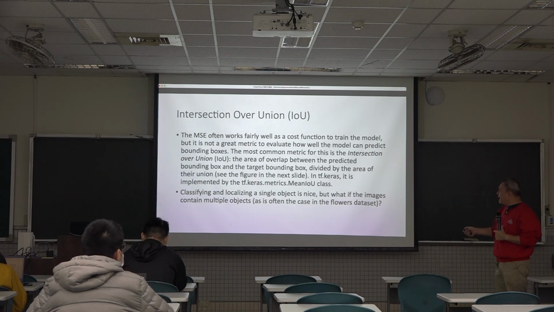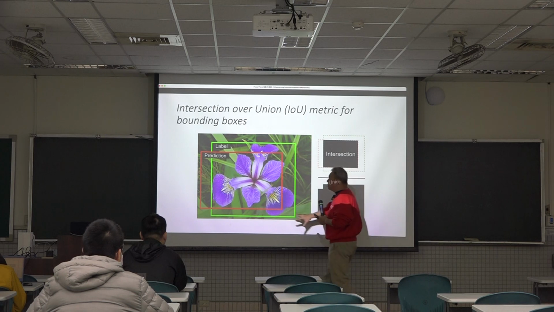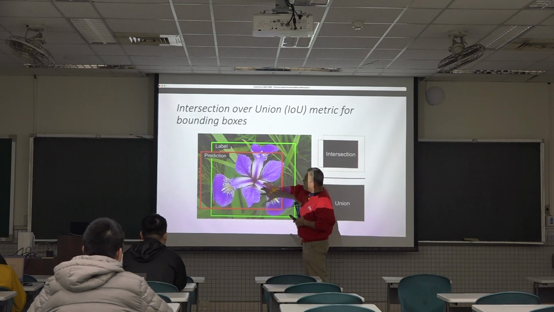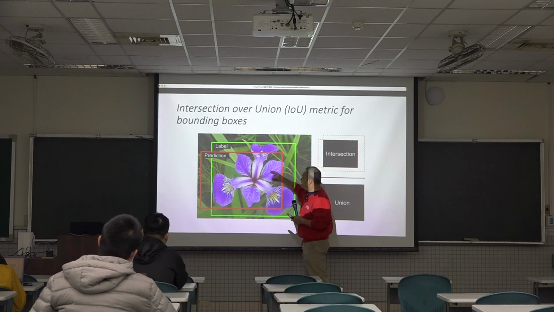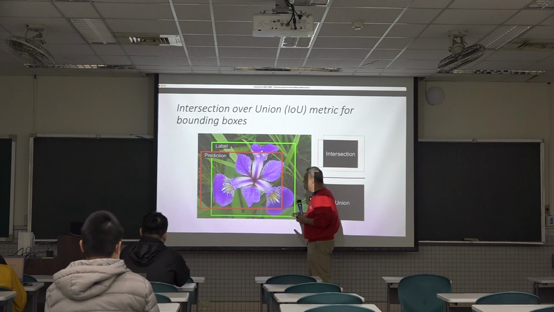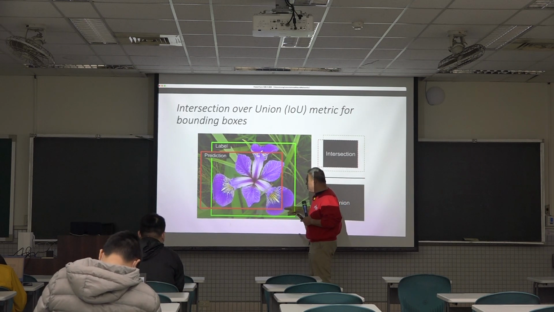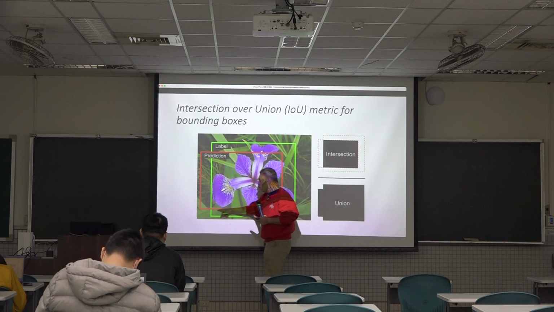So what is IOU? The IOU is very simple. It's like this. For this flower, I think it's an old chart, anyway, the green box represents the ground truth. Assume your model gives you the red one.